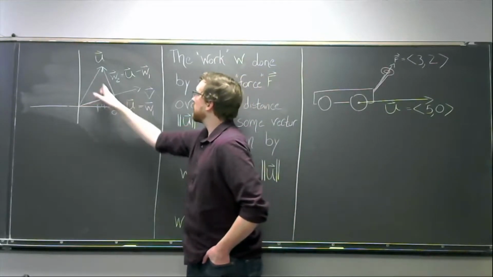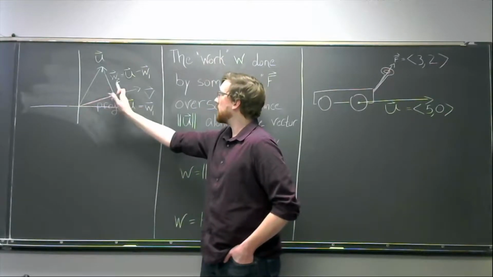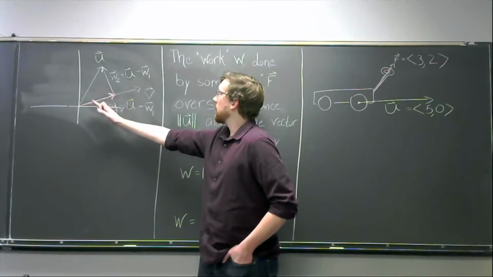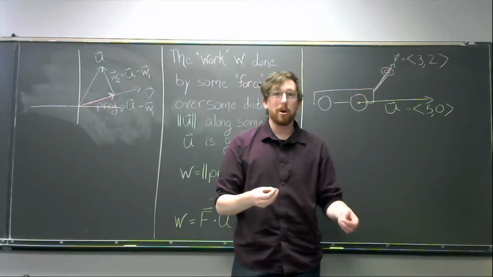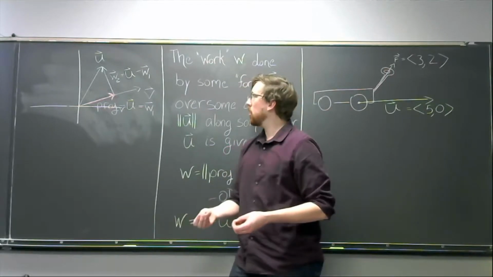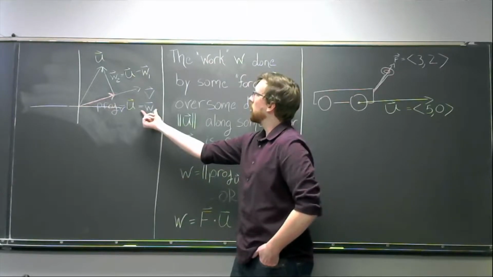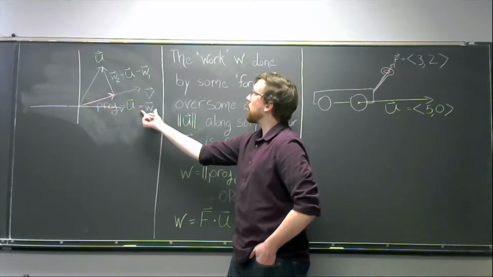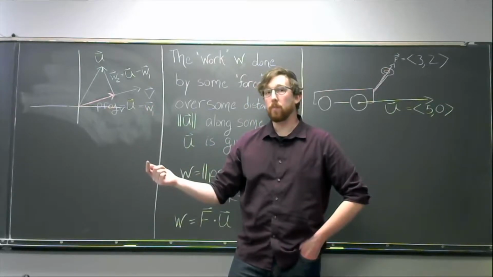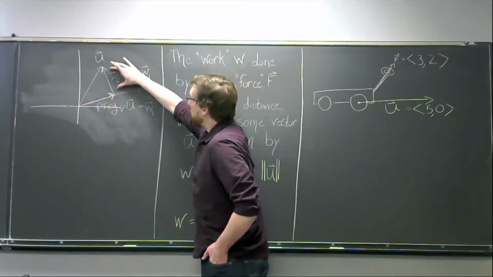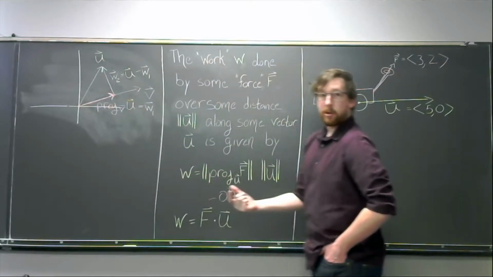Well, that means u is going to cast a shadow onto v, right? And because it's casting a shadow onto v, we can think of u having some component part in the direction of v. Well, we call that component part w1. And the part that's missing, the part that when added to w1 gives us u, we're going to call that part w2, and it's going to be orthogonal to w1.